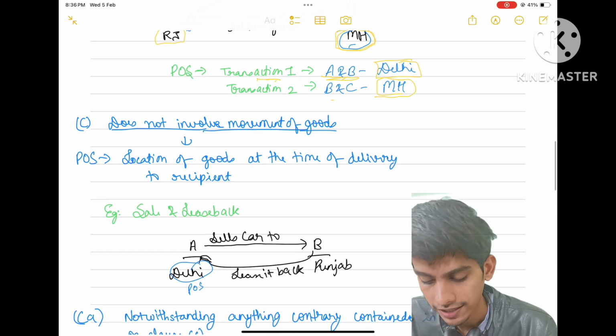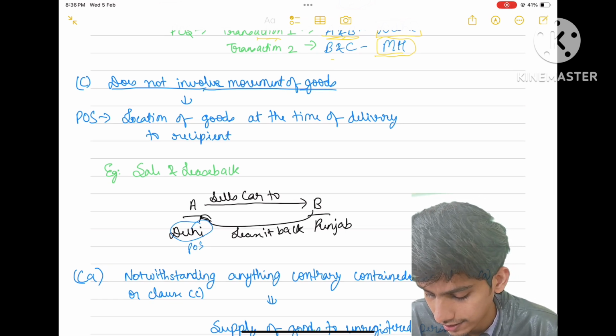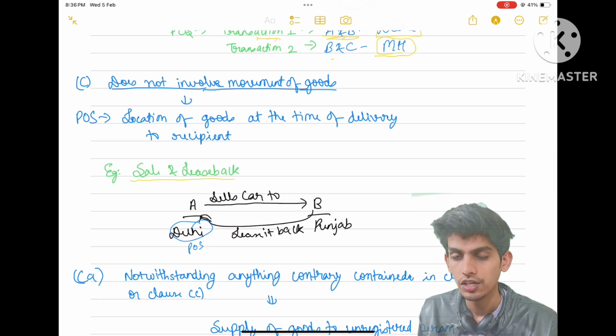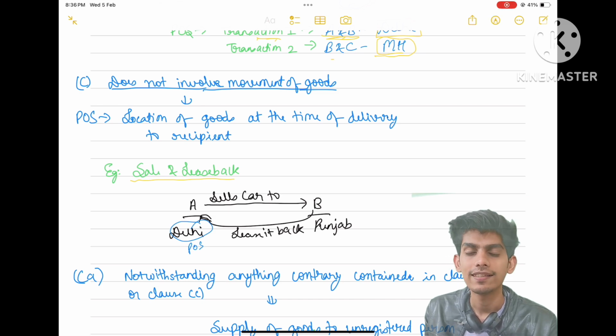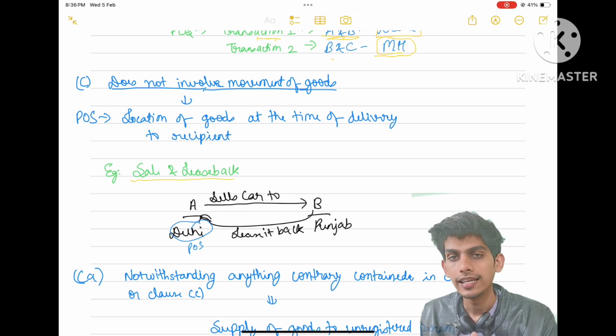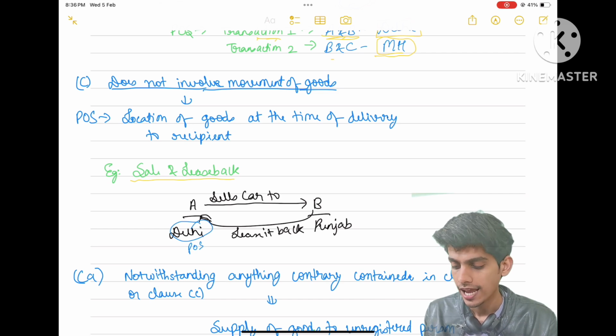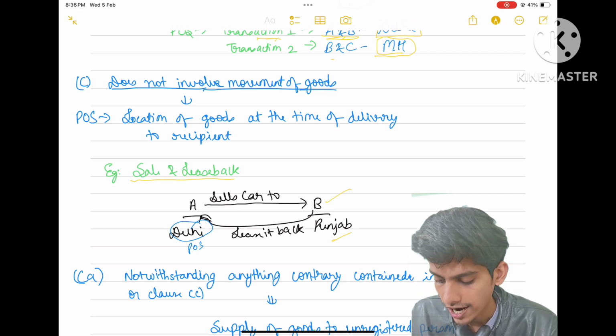So let us understand this via an example. This is the example of sale and leaseback. Suppose Mr. A sells his car to Mr. B, and Mr. B leases it back to Mr. A. A is from Delhi and Mr. B is from Punjab.